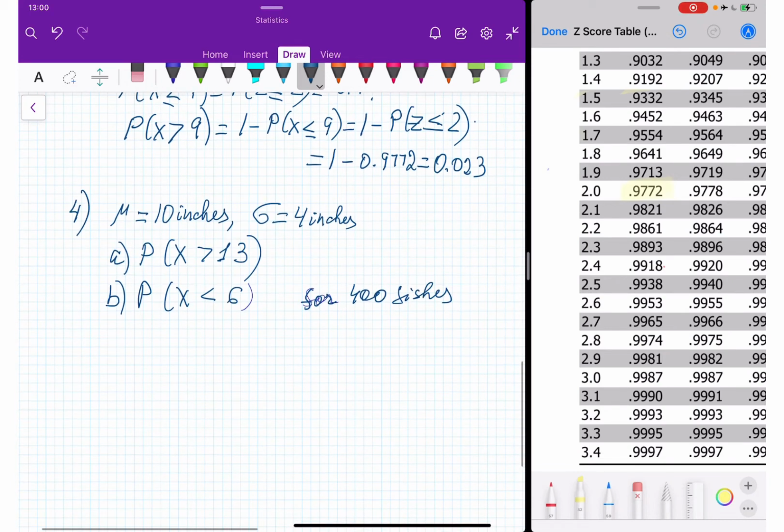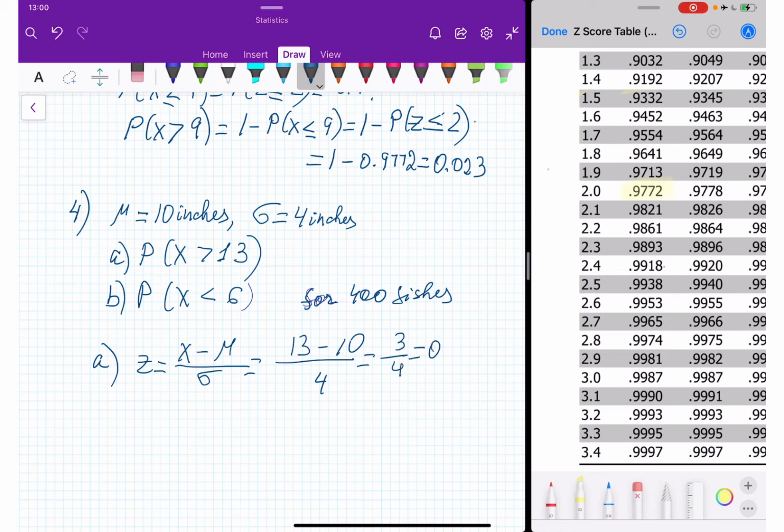Okay, let's start A. So the z-score we already know: x minus mu over sigma. X is 13, minus mu is 10, over sigma is 4. It's going to be 3 over 4, which is 0.75, right?